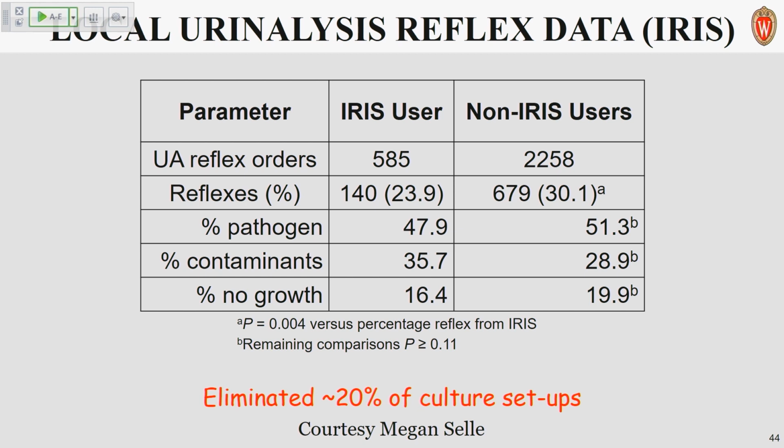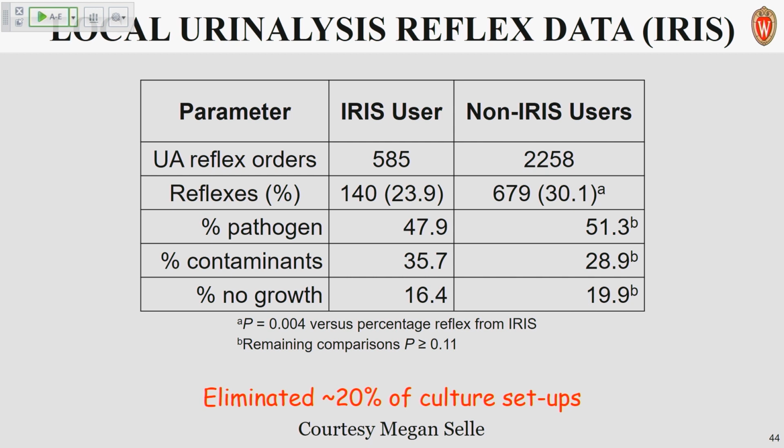So what Megan did was, in her laboratory, she uses the iris, looked at 585 cultures that wanted the reflex, and she applied that 30% value from non-iris situations to her number, and that 30% times 585 is about 175-ish, which means that if she set up 140 cultures, she didn't have to set up 35 cultures, right? So 35 out of 175, she eliminated 20% of her culture setups using the iris system.